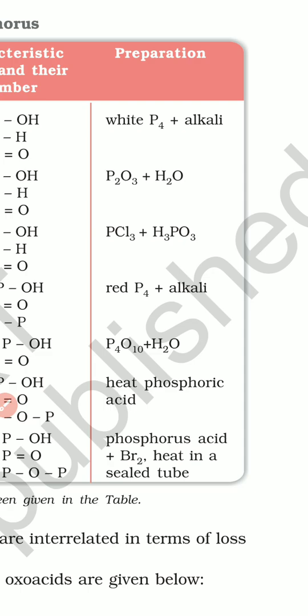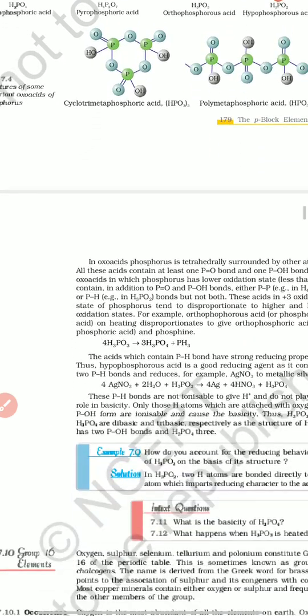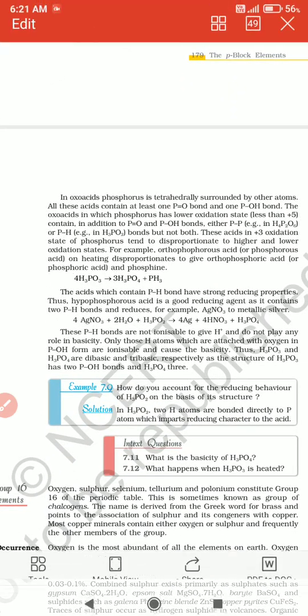Last one is hypophosphorus acid. Phosphorus acid plus bromine water, with heat energy applied in a sealed tube, we will get this hypophosphorus acid. So this is about the preparation methods and structures of oxo acids of phosphorus.